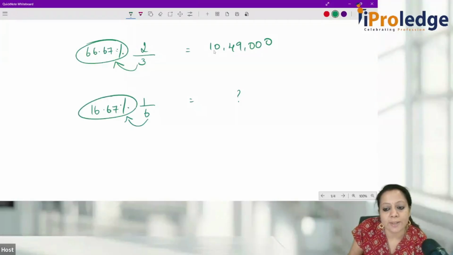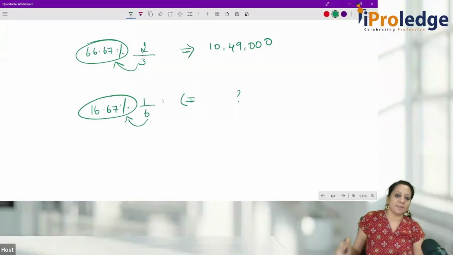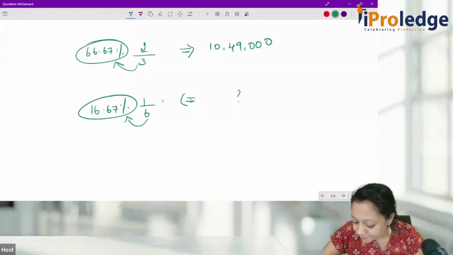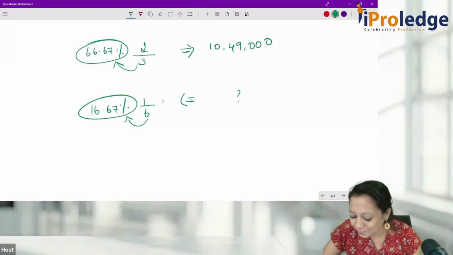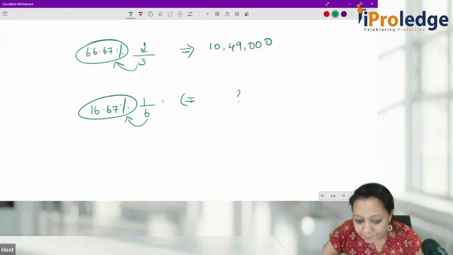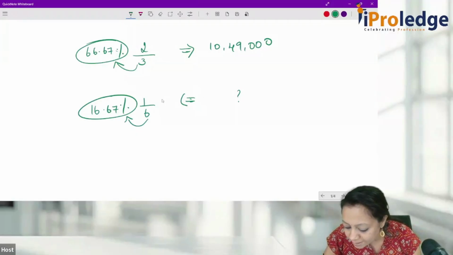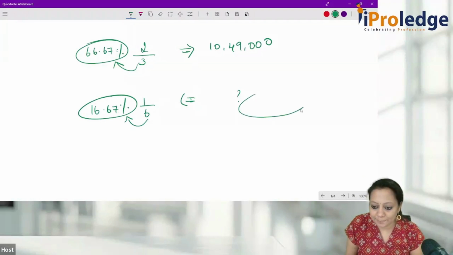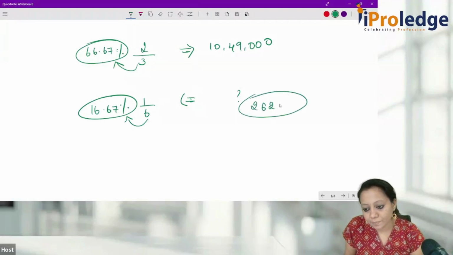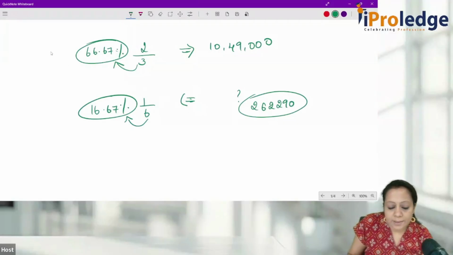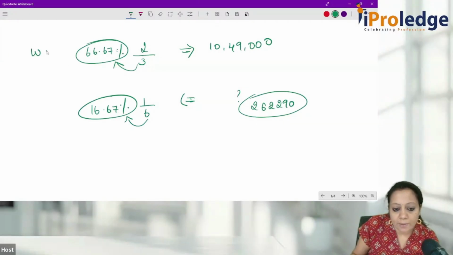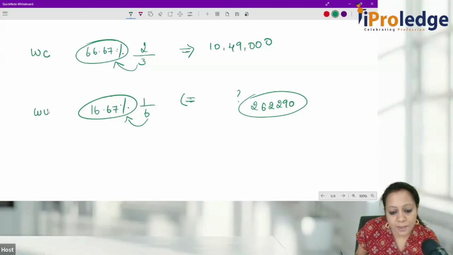So 66.67 percentage is equal to 10 lakh 49,000. Means how much is 16.67 percentage? Are we getting 2 lakh 62,290? Yes. This is nothing but work certified and this is work uncertified. I will call this as WIP to be more clear.